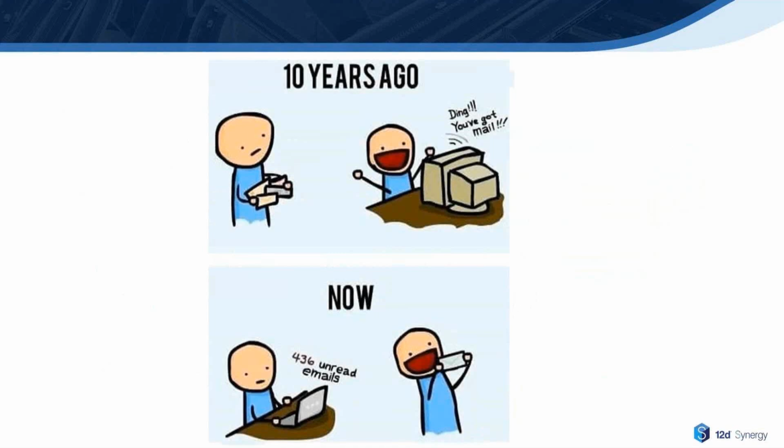But I guess to say that you might have 436 unread emails in your inbox, for some of you that might be completely a small dip in the ocean. But I guess this slide really shows is in 10 to 15 years how much things have changed in the workplace and how our views on using this technology have changed.